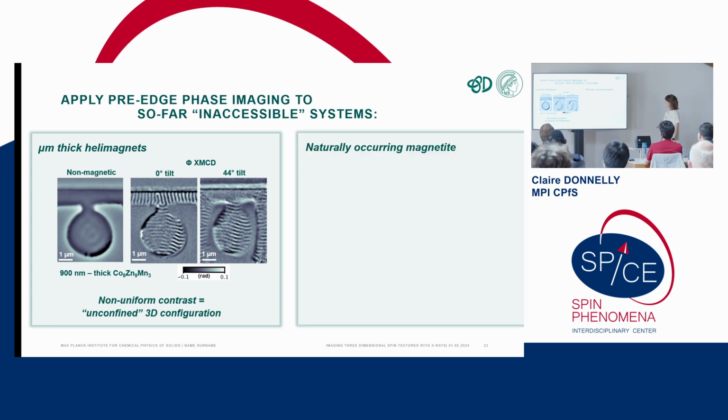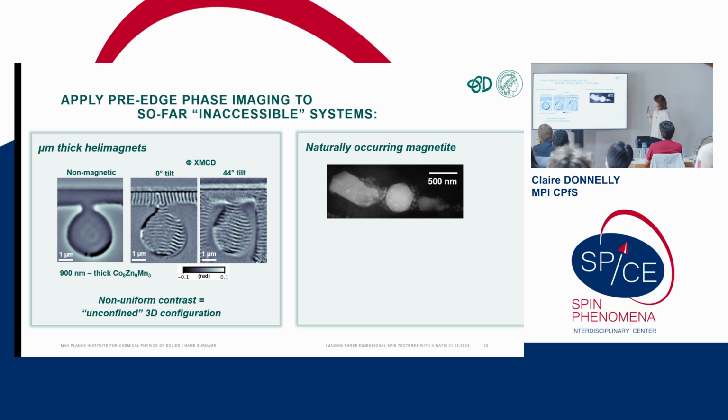The second example that I want to give very quickly is actually a completely different system that I'm not sure is really on the radar of people in this room, but it's naturally occurring magnetite samples. These are typically magnetofossils or samples that are taken from meteorites, for example.